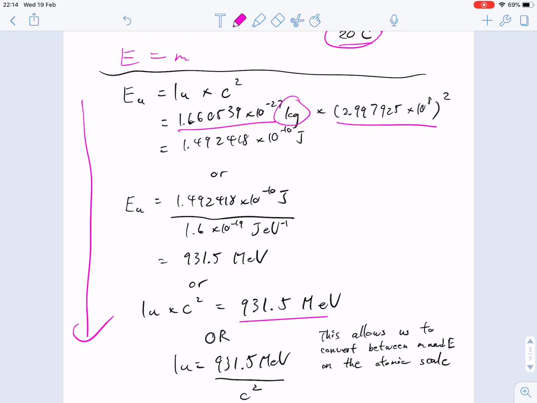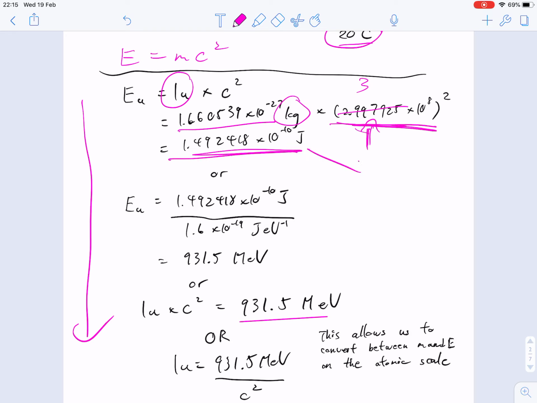We've got kilograms here, but one U is also, it's all mass really, kilograms times c squared. And so we multiply it by the speed of light. This is essentially 3, but the more accurate version of the speed of light is 3 times 10 to the power of 8, or 2.9979 something, squared. And then we get this measurement in joules.